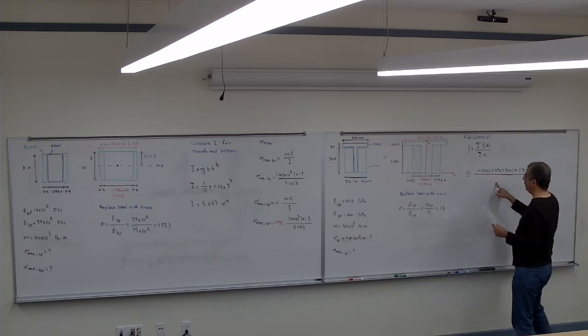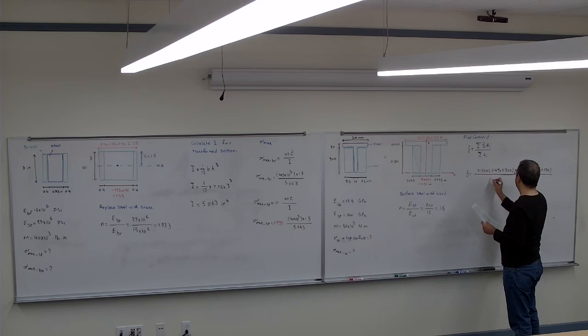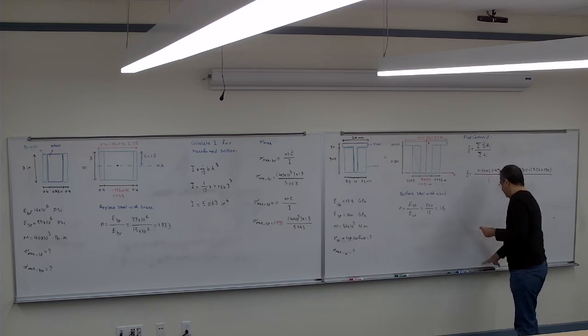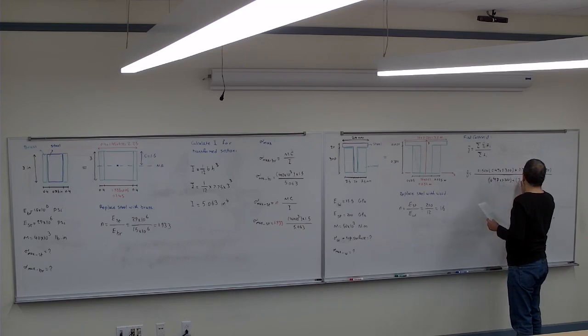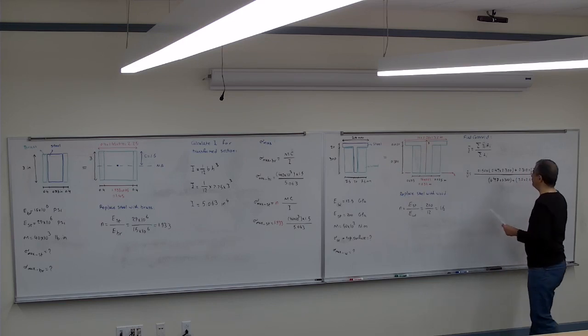And it's going to be divided by adding all the area together: 447 times 300 plus 3.2 times 0.020.